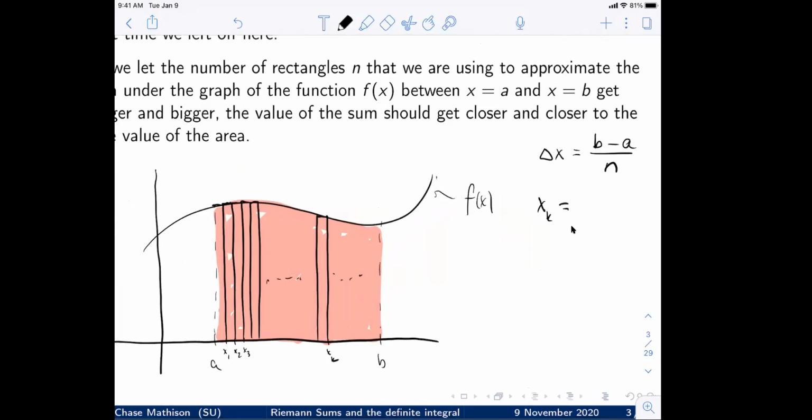I'm taking k steps of delta x away from a. So what is xk then? Yeah. a plus k times delta x. Perfect. So there's xk.